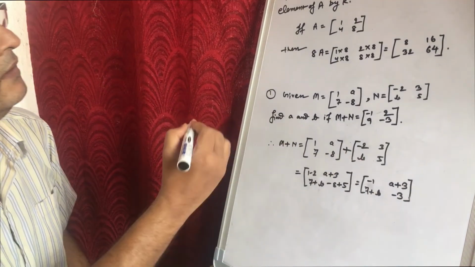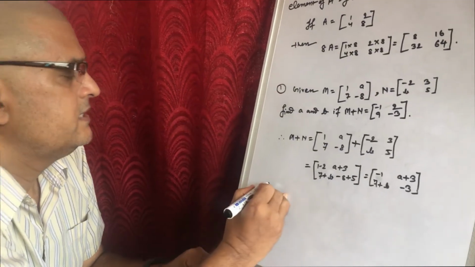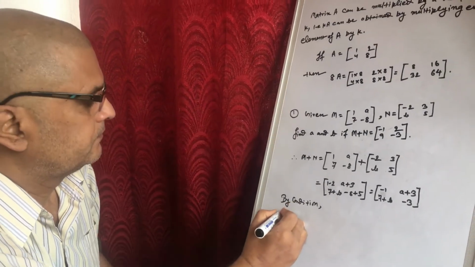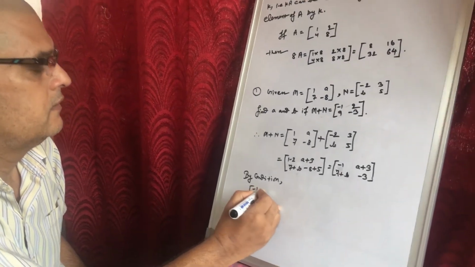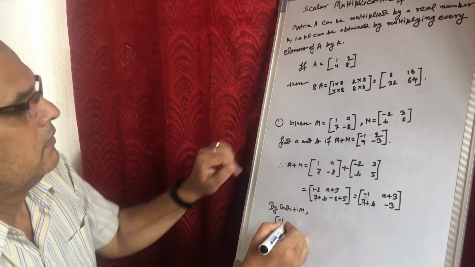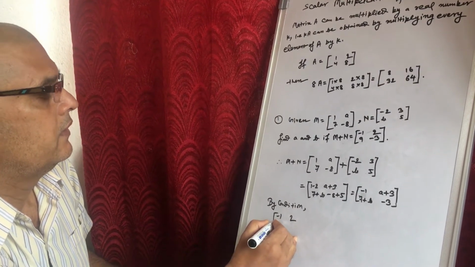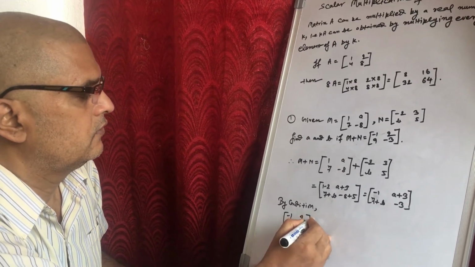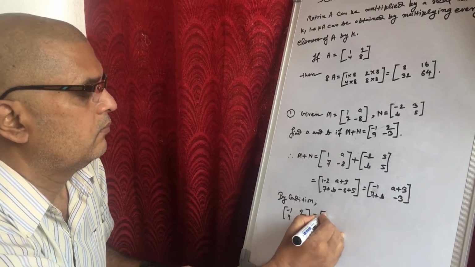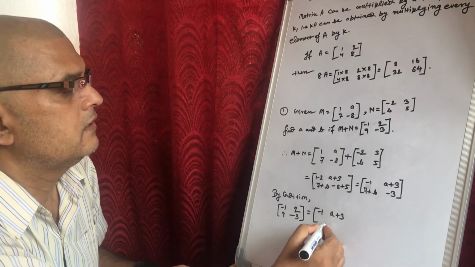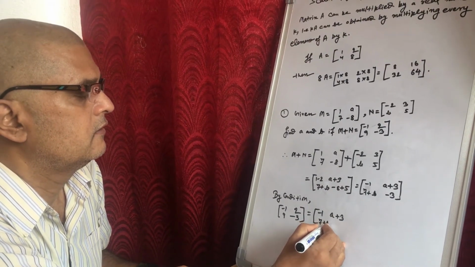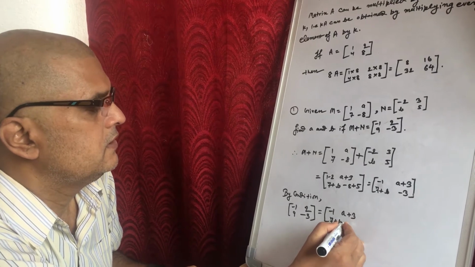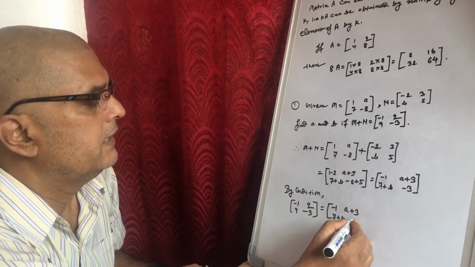Now by condition, minus 1, 2, 9, minus 3 is equal to minus 1, a plus 3, 7 plus b, minus 3.